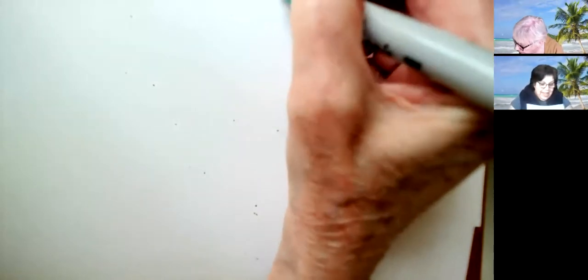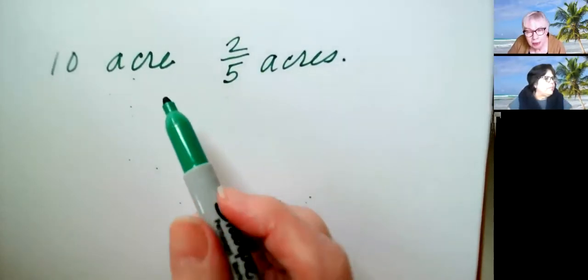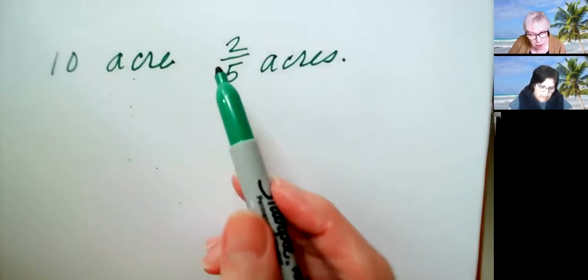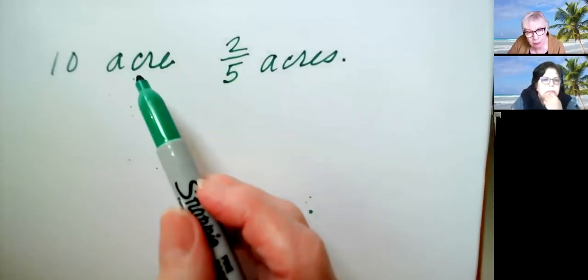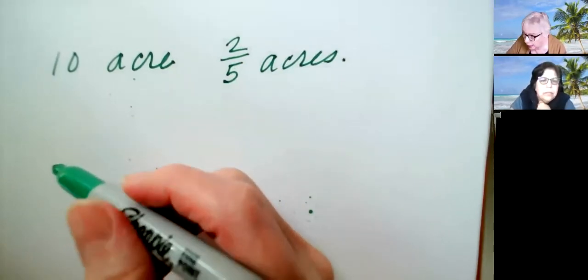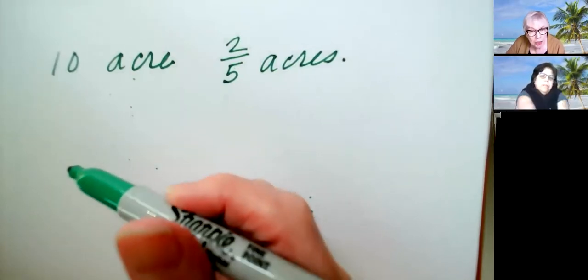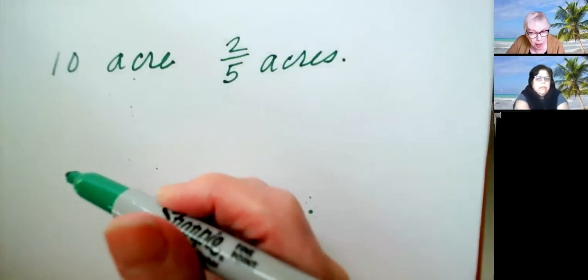A 10-acre piece of land is subdivided into 2/5 acre lots. How many lots are there? Well, it came to 25, and that's not what I had. So what I understand, the way to be sure what to do is to make the problem obvious. If you had 10 acres and everybody got 1 acre, how many house lots would you have?